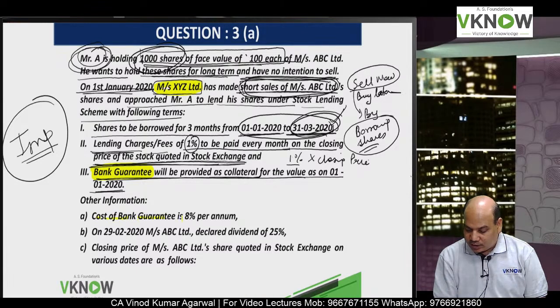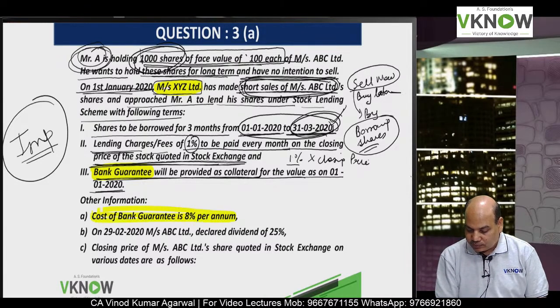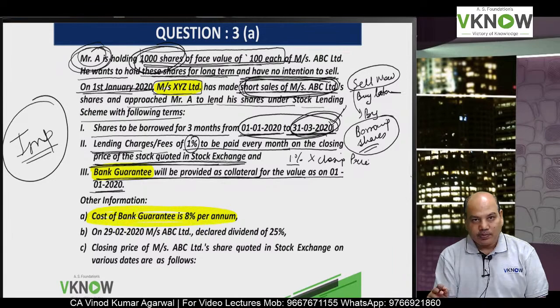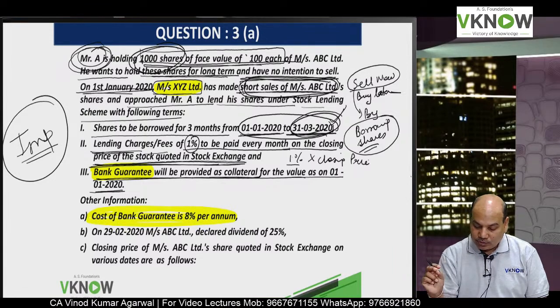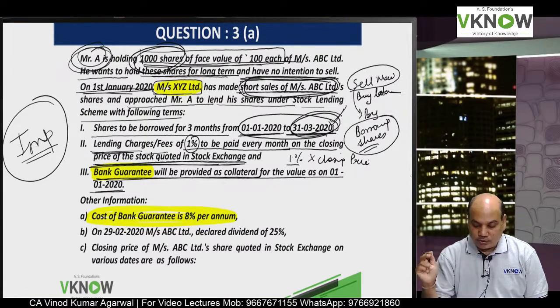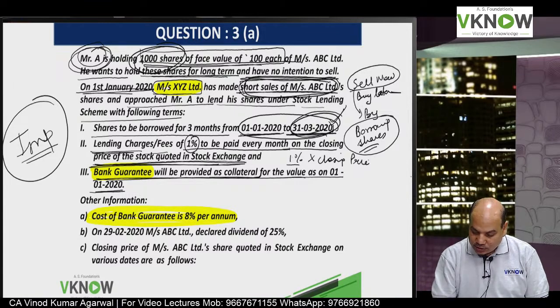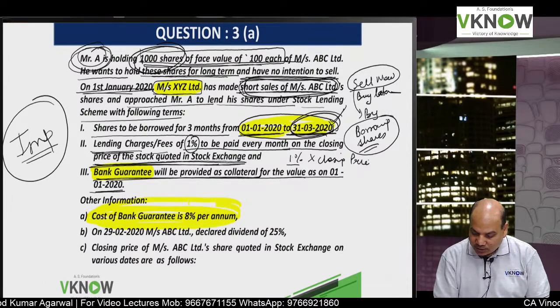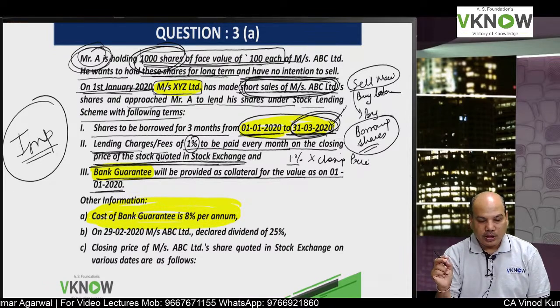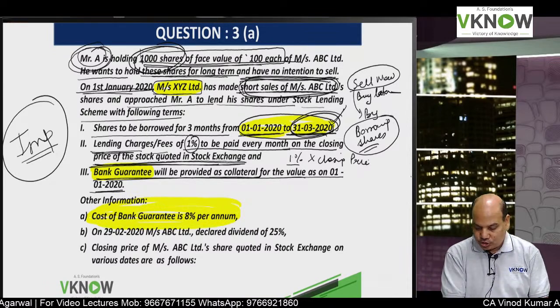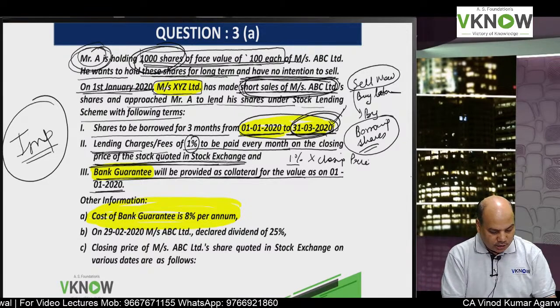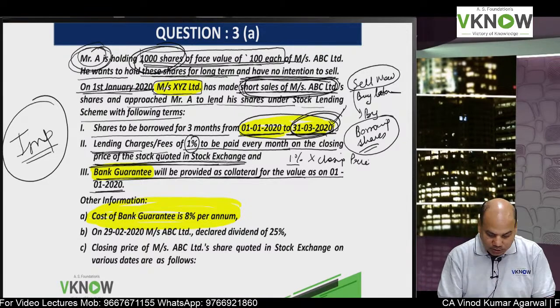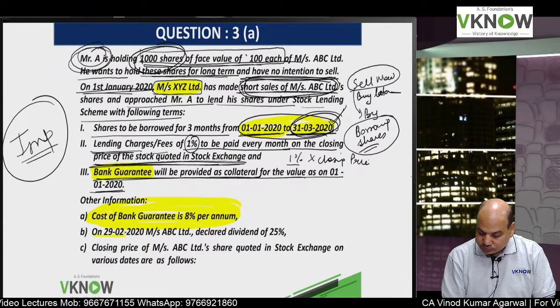Cost of bank guarantee is 8% per annum. Who will pay this 8% per annum? XYZ will pay to the bank for providing guarantee. Since it is a 3 months problem, while calculating the bank guarantee fees, multiply by 3 by 12. Otherwise, you can make mistake.